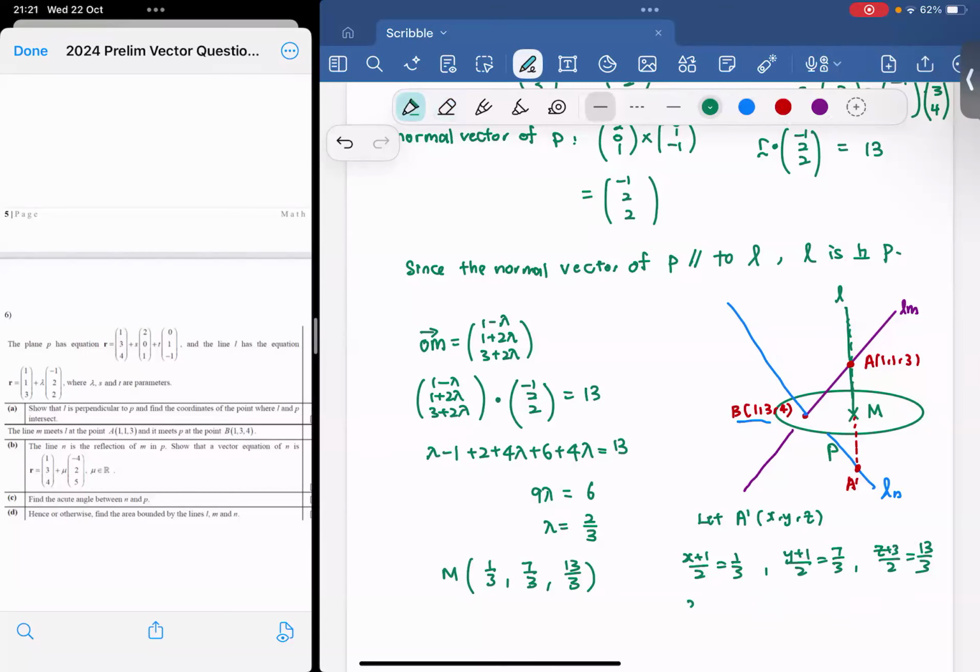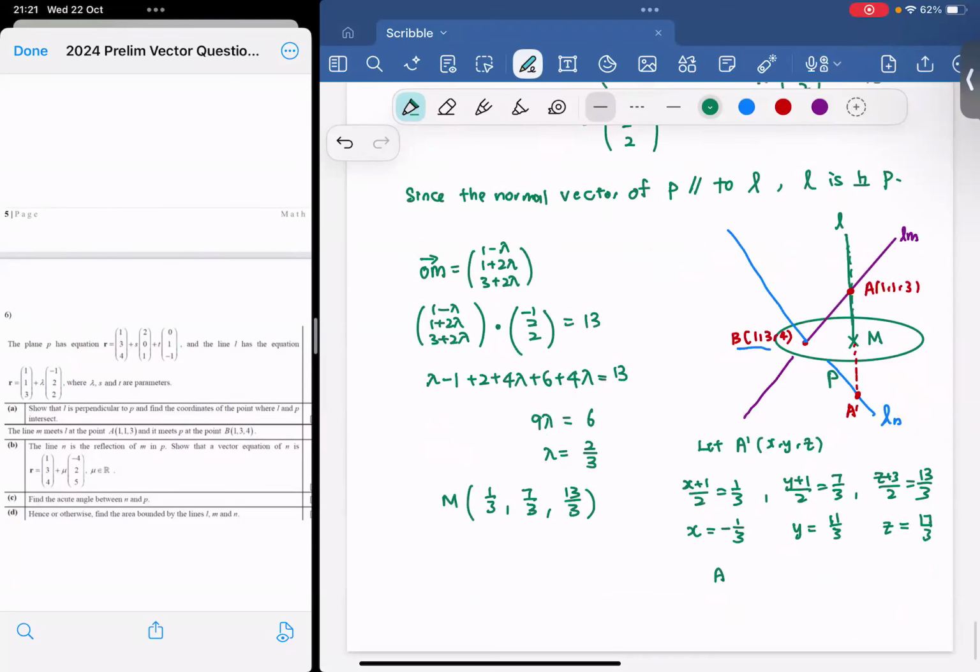So x is 2/3 minus 1, which is -1/3. Y equals 14/3 minus 1, 11/3. Z equals 26/3 minus 3, 17/3. So A prime is this.